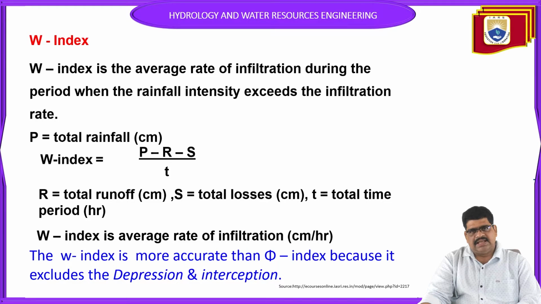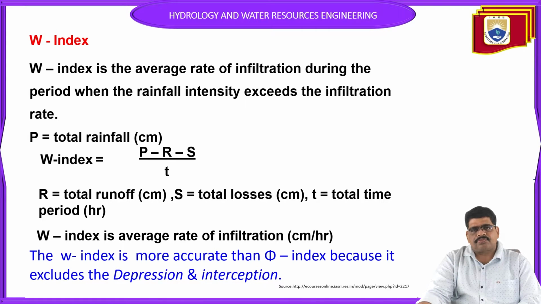Generally the W index is more accurate than the Phi Index because it excludes the depression and interception losses, as we discussed in the previous slide.